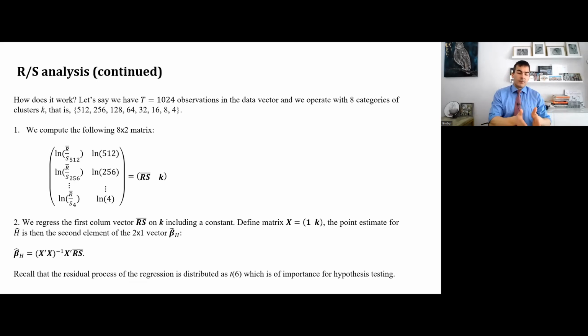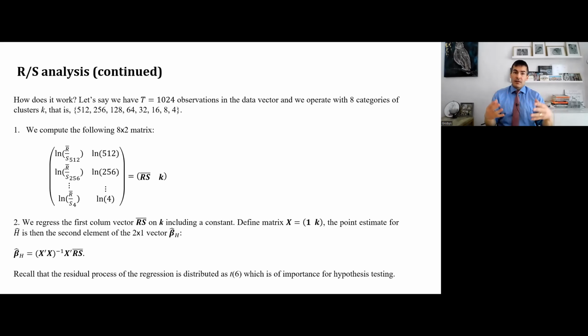In the first column vector, we store the corresponding sample averages for each RS statistic. So for instance, in the first cluster group, we have 2 clusters. So the RS bar for the cluster group having 512 observations is the average of 2 different RS statistics, because we have 2 clusters in that cluster group.